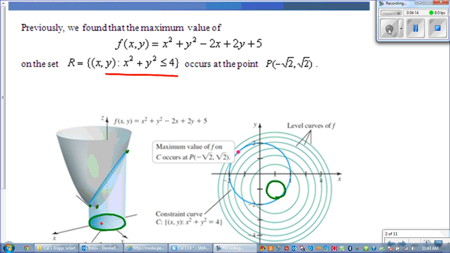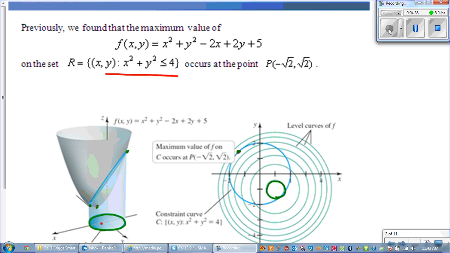And so you can see that if we drew the constraint in blue on that same graph, that constraint intersected several of those level curves. Where it intersected the level curves were points that were on that border, and the largest level curve would be the one where the largest point on that constraint intersected.